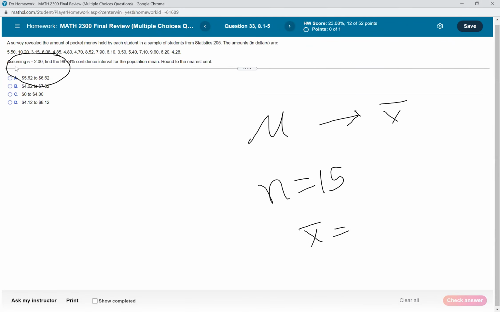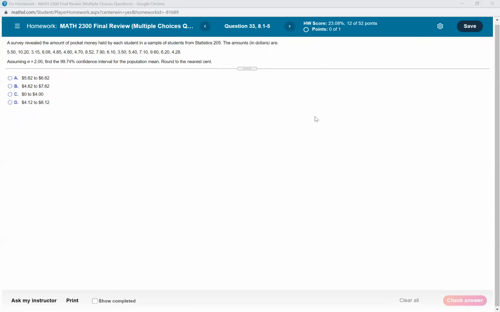Similarly here, let me read the question first. We have Statistics 205 students. A survey revealed the amount of pocket money held by each student in a sample of students from Statistics 205.